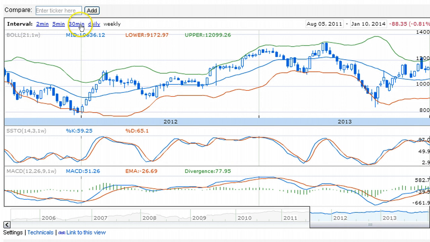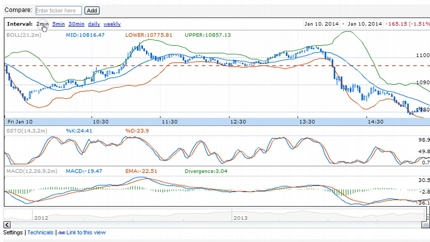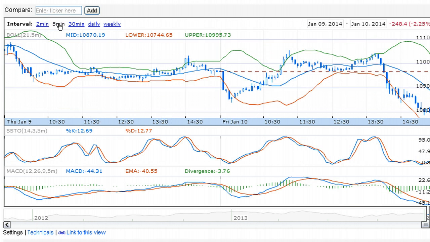So you need to choose the time frame based on the trading time period that you're looking at. Typically, I don't believe that 2 minute and 5 minute is going to be beneficial because the movement is going to be lesser.